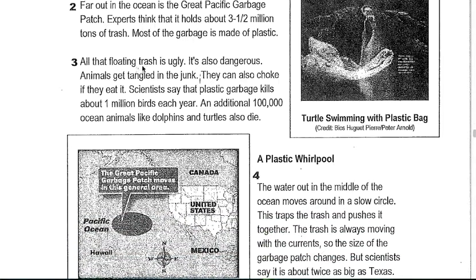All that floating trash is ugly. It's also dangerous. Animals get tangled in the junk. They can also choke if they eat it. Scientists say that plastic garbage kills about 1 million birds each year. An additional 100,000 ocean animals like dolphins and turtles also die.